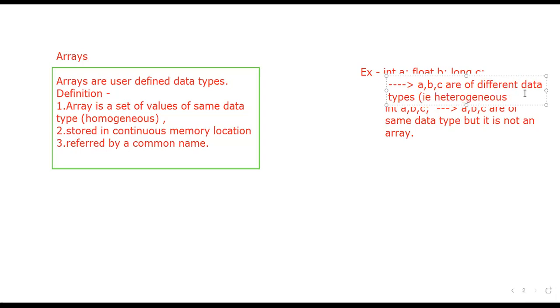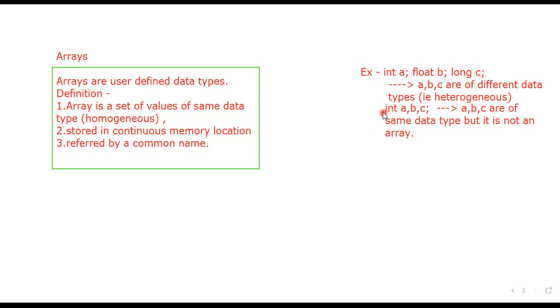Heterogeneous means something which is of different data types. They are not of same type. And here also A, B, C are not forming an array. Integer A, float B, long C: variables of three different data types. A, B, and C are three different variables and their data types are also different.